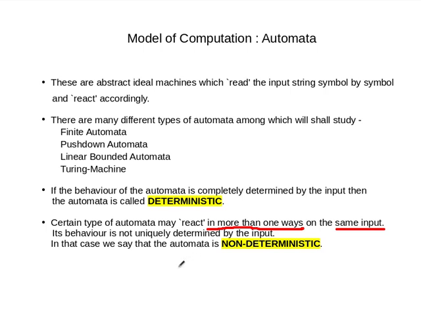This behavior is called non-deterministic behavior, and these automata are called non-deterministic automata. So for each of these models, there will be these versions: deterministic finite automata, non-deterministic finite automata, deterministic pushdown automata, non-deterministic pushdown automata. Similarly for LBA and Turing machine.